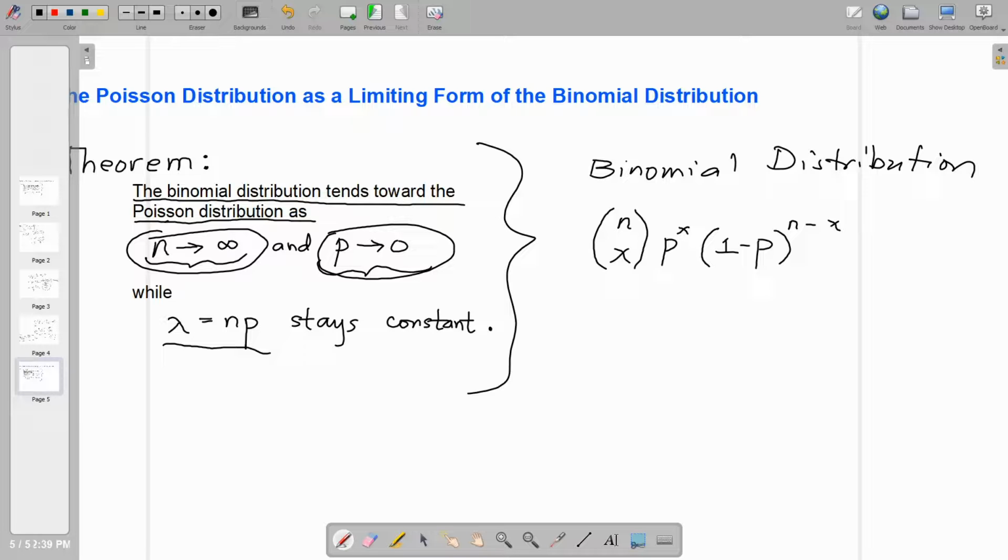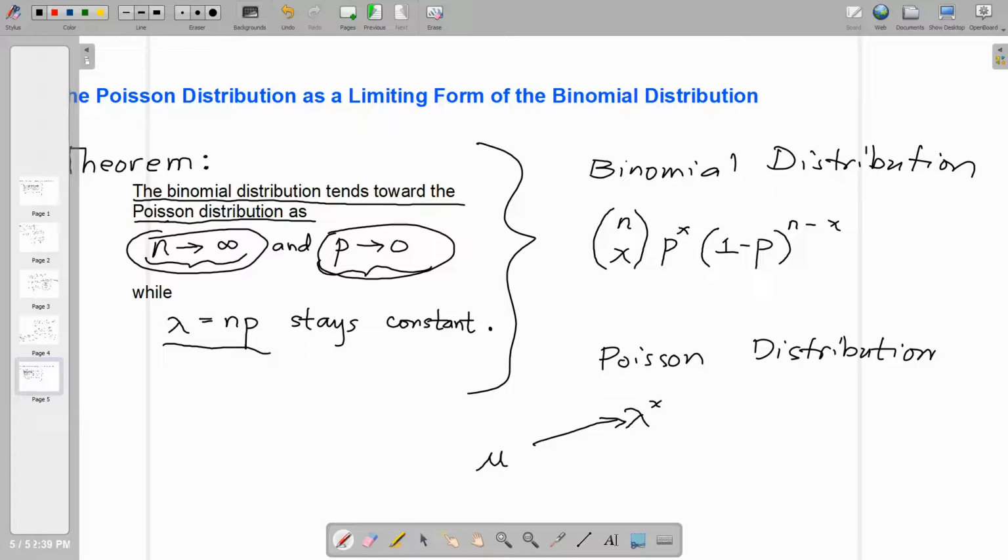And then for the Poisson distribution, the probability mass function is given by lambda raised to x. Sometimes we approximate lambda by the mean or the mu, so this could be your mu on some problems.